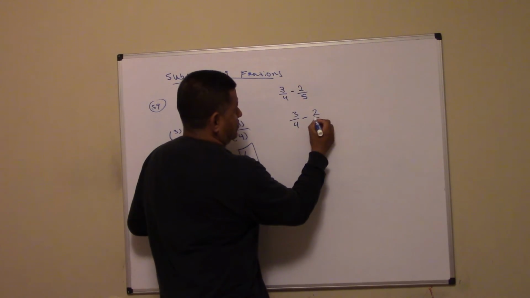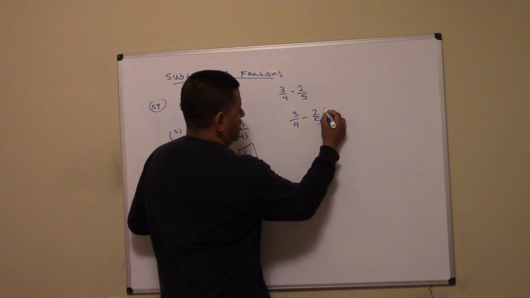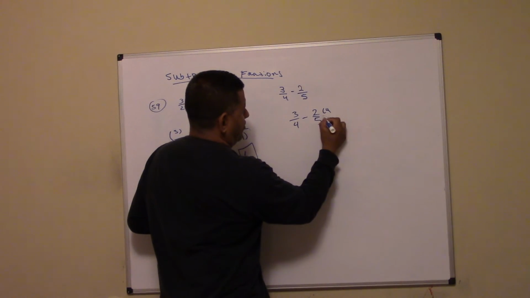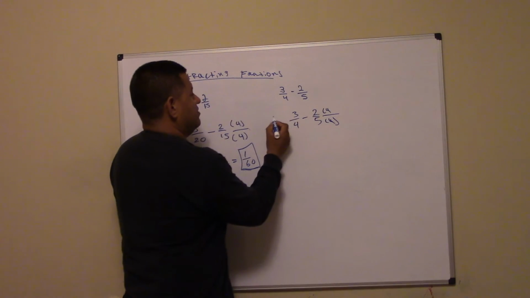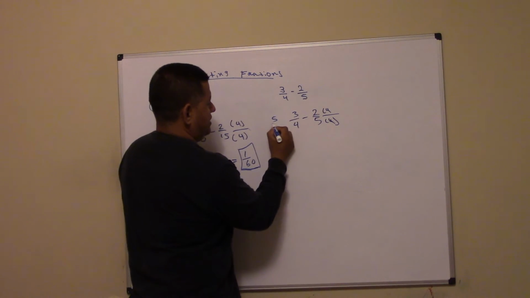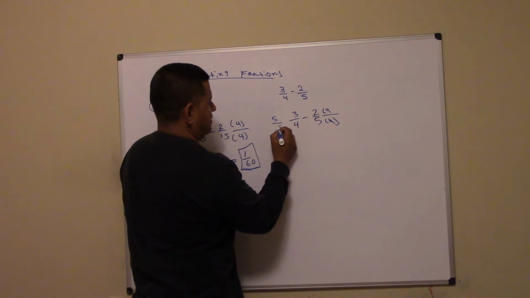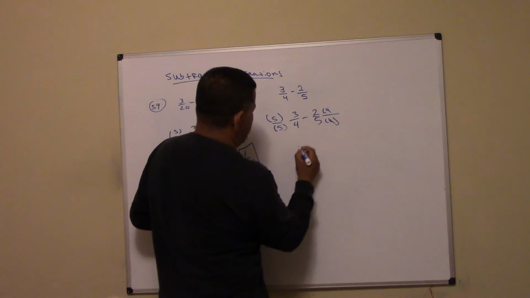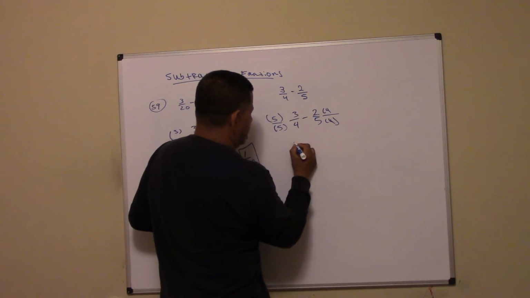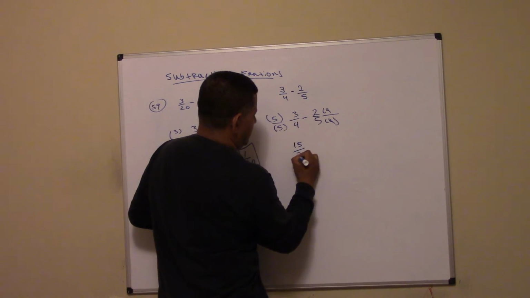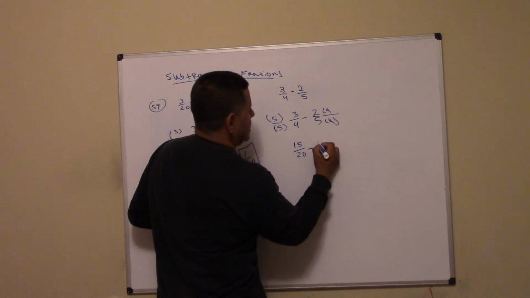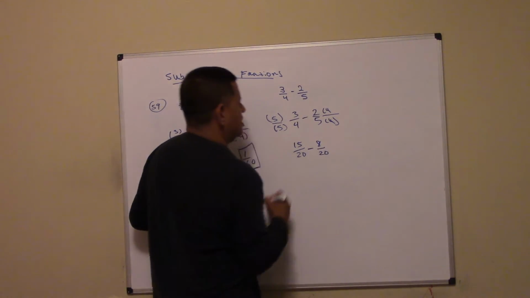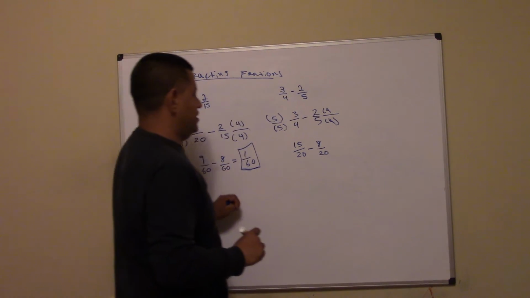Well, obviously it's going to be 20, right? So in order to get 20, I have to multiply this by 4, and this is going to be multiplied by 5, and then by 5, right? Now we do the math and multiply those, and we get 15 over 20 minus 8 over 20, right?